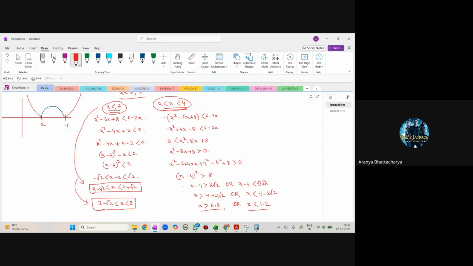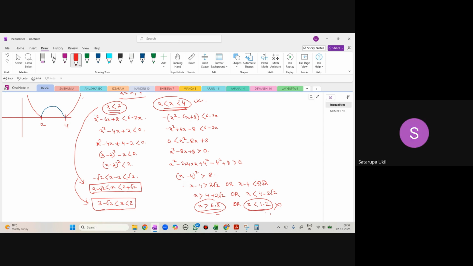So either x is less than 1.2 or x is greater than 6.8. But what is my starting condition? X has to lie between 2 and 4. So this is less than 2 and this is greater than 4. So none of these will work. Clear? Okay, makes sense?